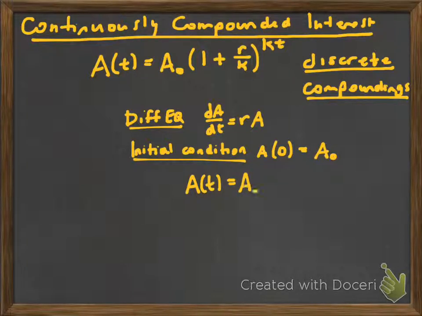A sub 0 e to the rt. That's it. Does that make sense? So if the rate is proportional to the starting amount, you're dealing with Pert regardless. Okay? And that is your solution.